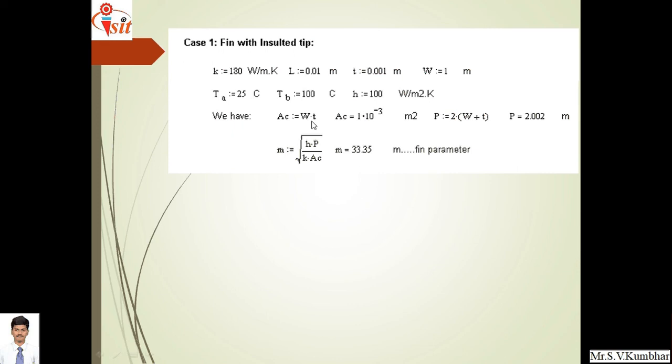Ac is equal to w into t, so Ac is equal to 1 into 10 raised to minus 3 meter square, and its perimeter is 2 into (w plus t), that is 2.002 meter. Now observing this given data, the m factor for fin is given as square root of hP upon kAc.